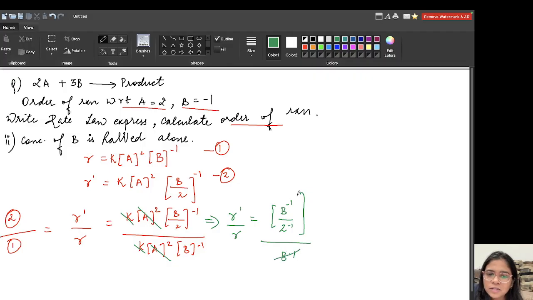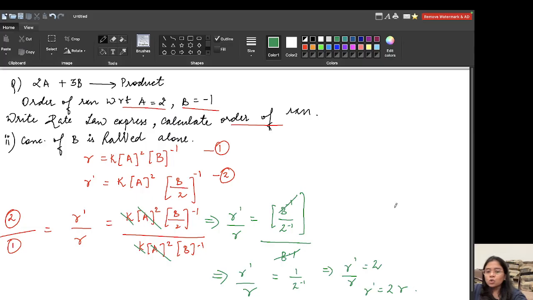Now B raised to the power minus 1 gets cancelled. Simple maths. R dash by R equals 1 divided by 2 raised to the power minus 1. So 2 raised to the power minus 1, I can write it as 2 also, right? So what happens to your new rate? The new rate is increasing 2 times. Okay. Third part.